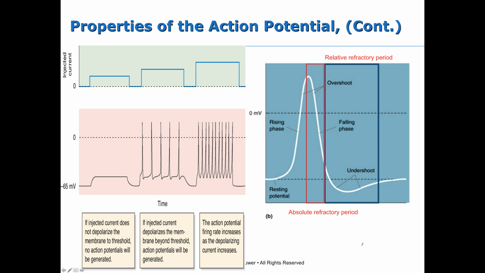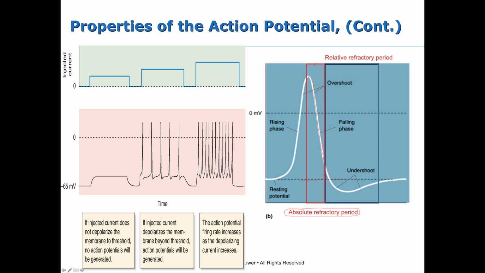So here are the different refractory periods. Here's our action potential right here, where we're at resting membrane potential. We depolarize the cell, going up here to about positive 40 millivolts. During this period right here, where your neuron is being repolarized back down to a resting state, which is negative 70 millivolts, you're in the absolute refractory period.